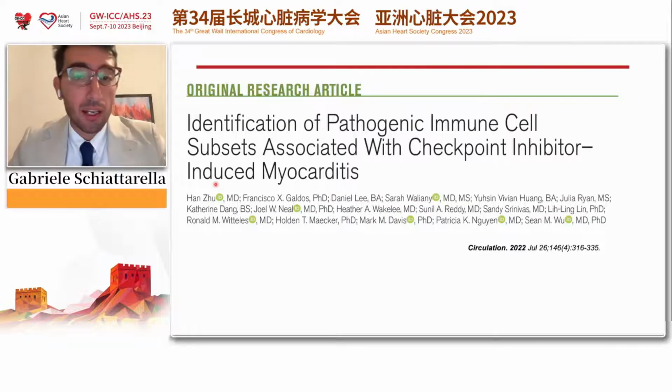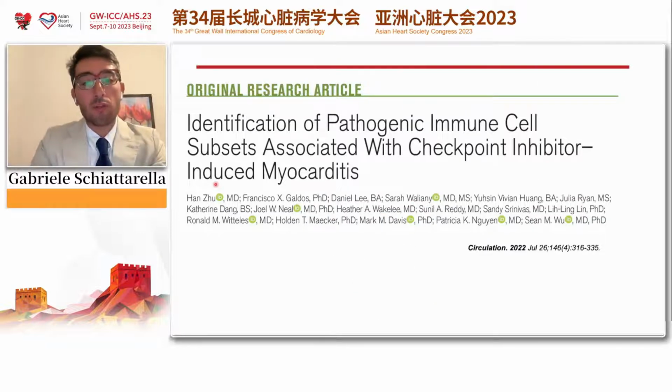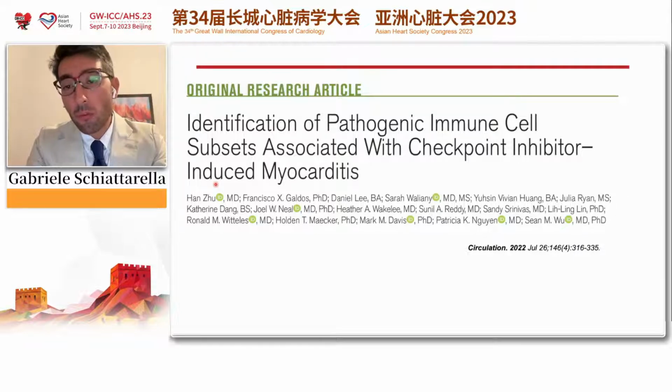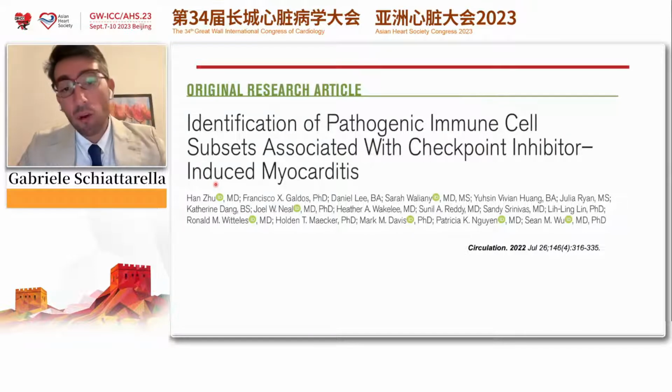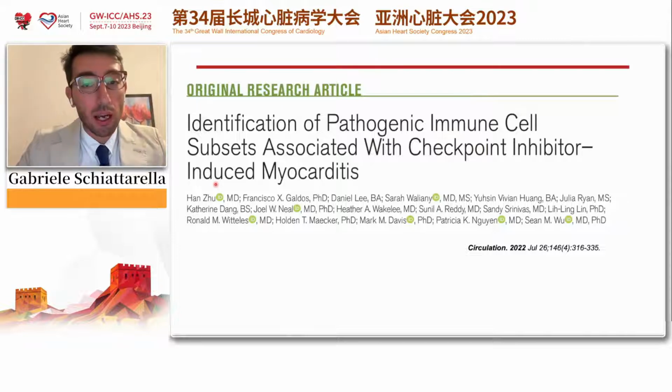I will provide here an example that we recently published from a group of investigators from Stanford that moved from the clinical question and went through delving into the mechanism that supports their conclusion. So, as many of you know, immune checkpoint inhibitors are life-saving therapies for many types of cancer now. However, they can come with cardiac complications such as myocarditis.